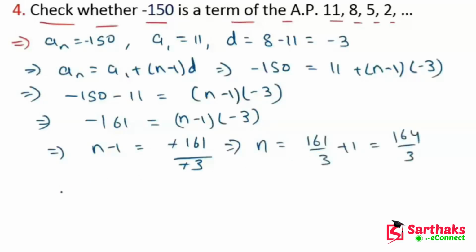Now we know that n is not an integer but a fraction, which is not possible. Therefore minus 150 is not a term of this AP, because n should always be an integer.